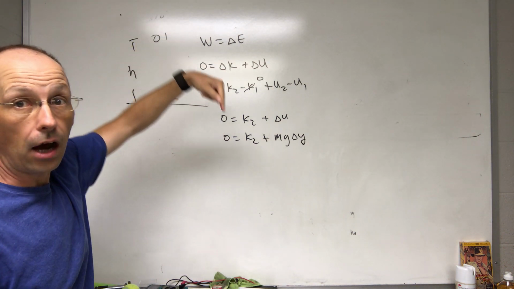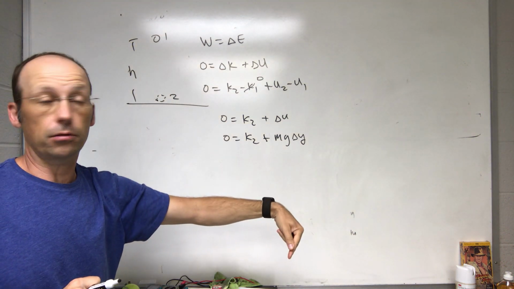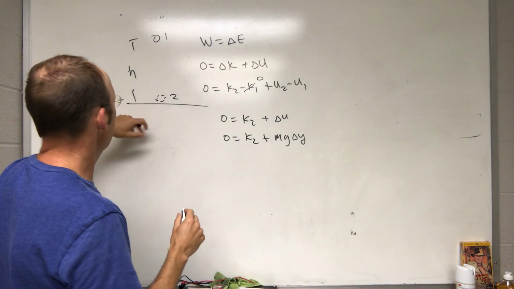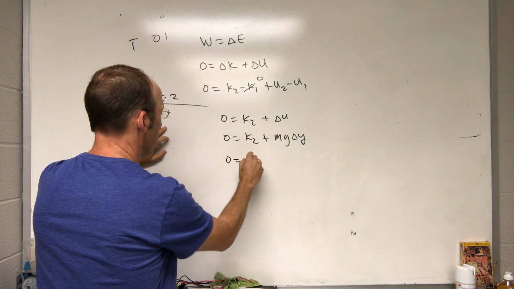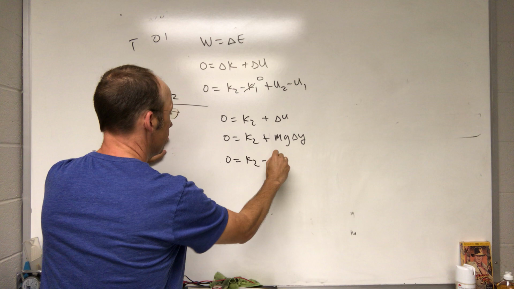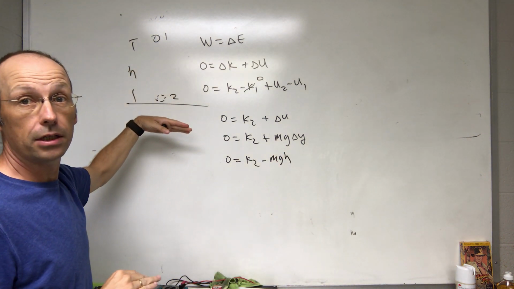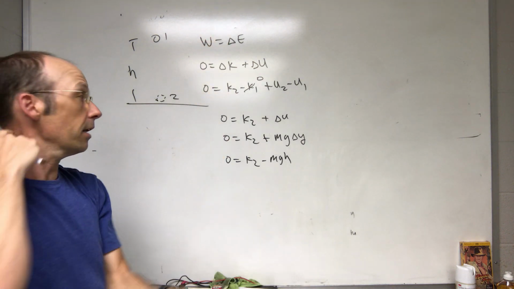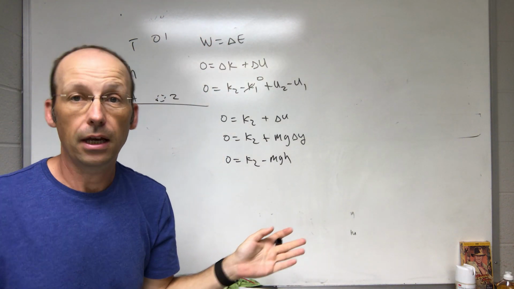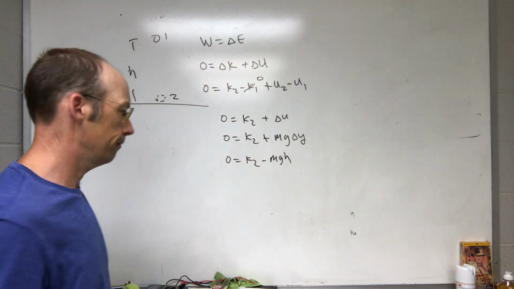Since it's moving down, it decreases in gravitational potential energy. And if it moves the distance h, I could say this as 0 equals K2 minus mgh. So by decreasing in gravitational potential energy, it increases in kinetic energy, and everything's happy. And you could solve for the velocity, which I won't do.